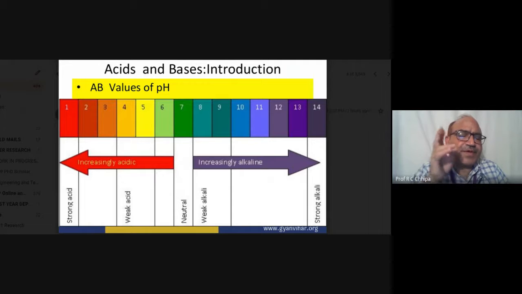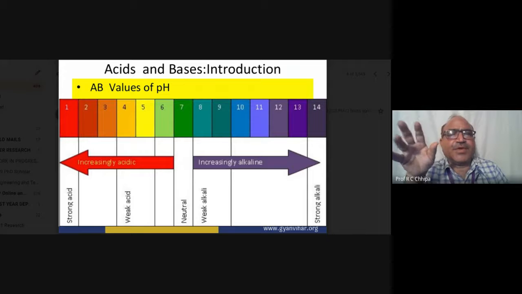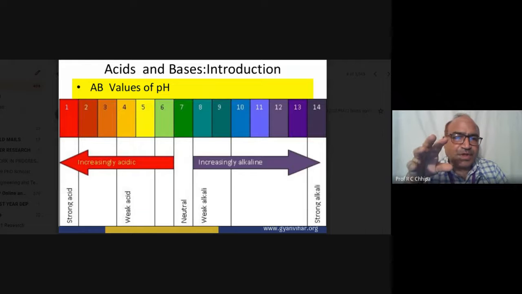That will be discussed later in salt hydrolysis, which should be explained more: if sodium chloride undergoes hydrolysis, or sodium acetate. Sodium acetate is an example of a salt, but here we can put the weak acid and strong acid.